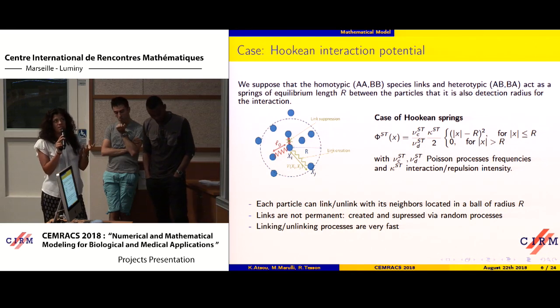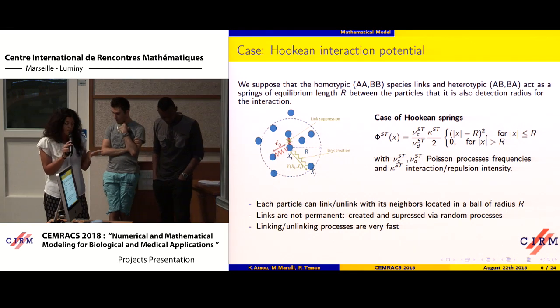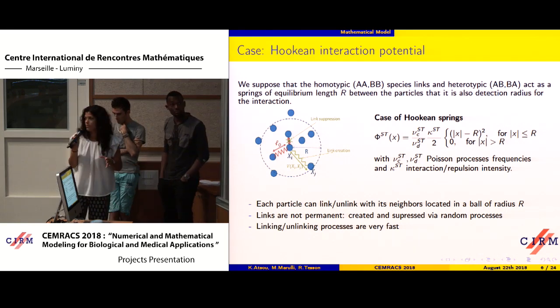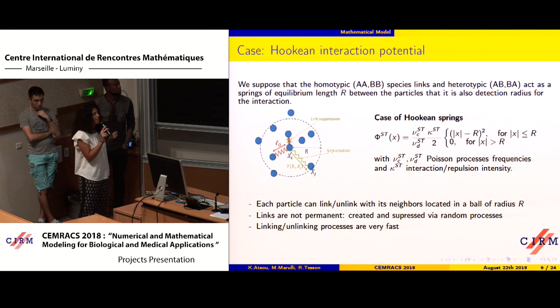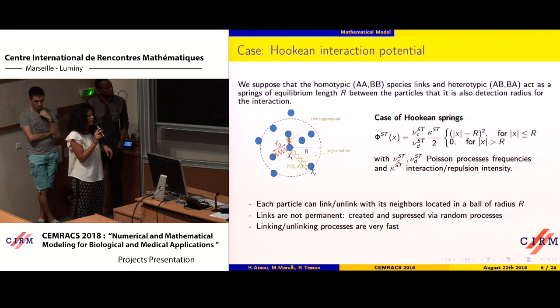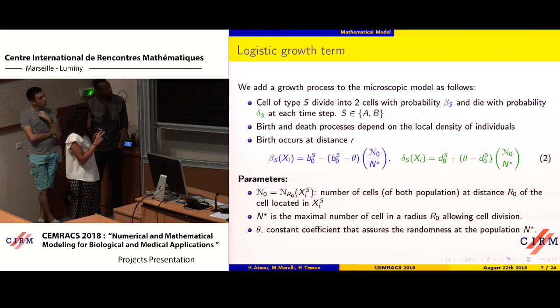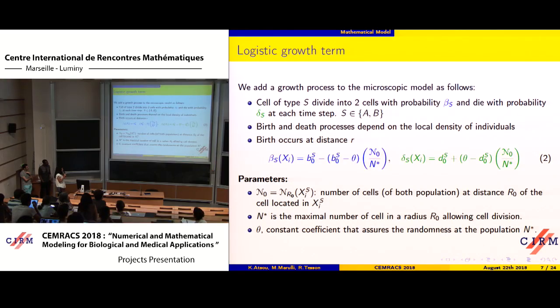It's not very simple to follow these particles because the links are not permanent: we have the possibility of creation and suppression of links, and this process is very fast. So the principal goal of this project is to add also a logistic term.